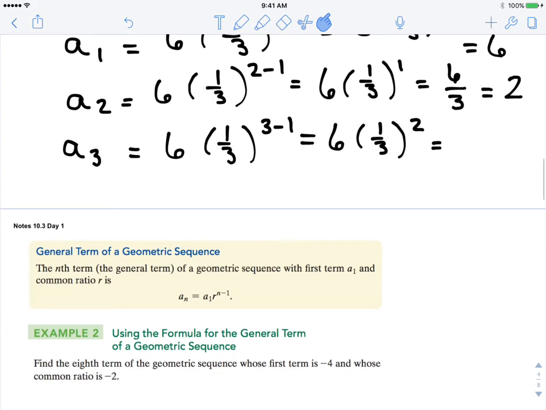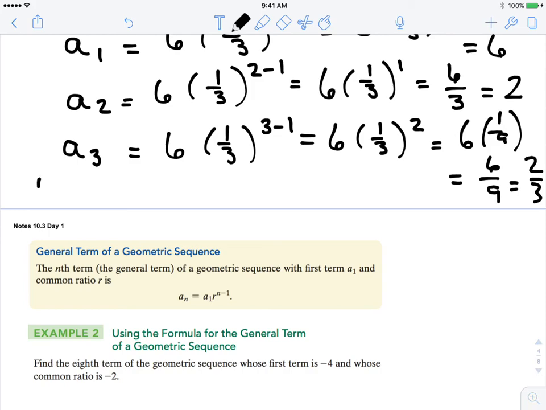So 6, and then 1/3 times 1/3 is 1/9. 6 divided by 9 is 2/3. So you'd continue doing that to find all 6 terms. So the first term is 6, the next term is 2, the next term is 2/3, and you continue that pattern.